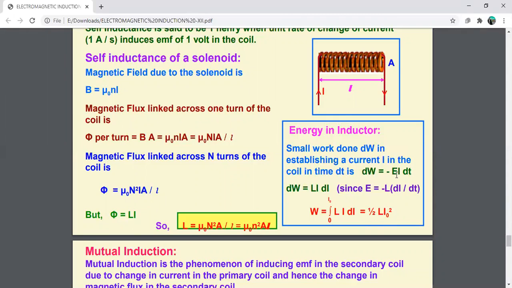So this is E into I, where E is the induced EMF and I is the induced current in the solenoid. So the product of induced EMF and induced current is the induced power, and when multiplied by a small interval of time dt, because you know that dW by dt equals power EI, so dW equals E I into dt.